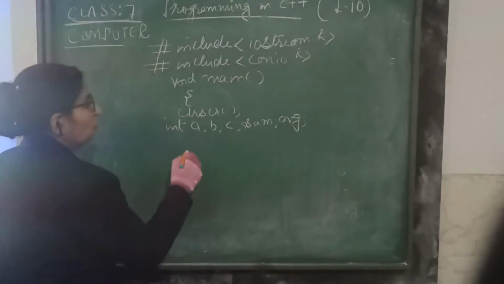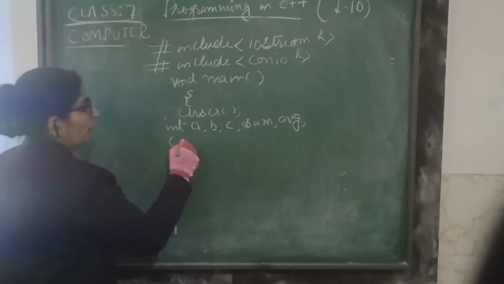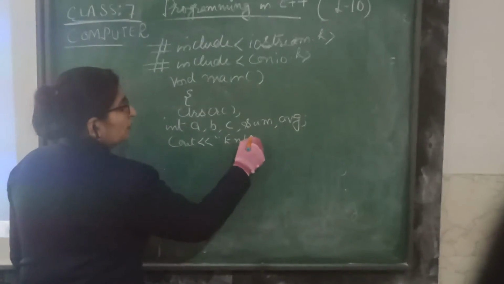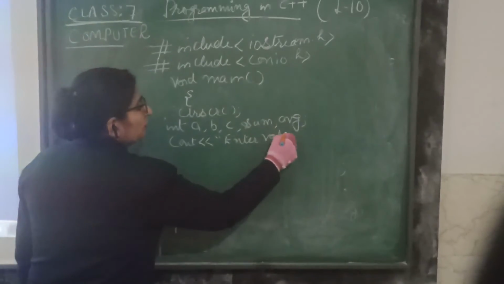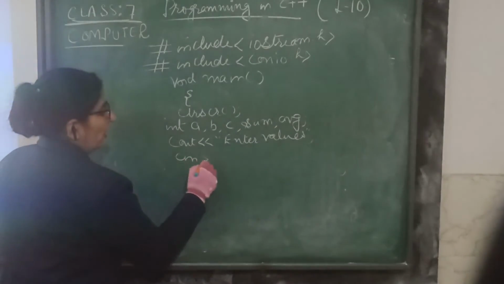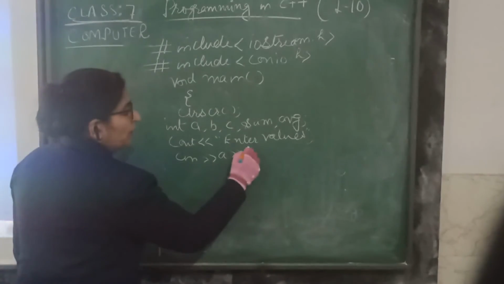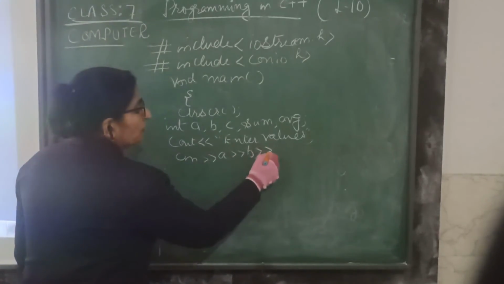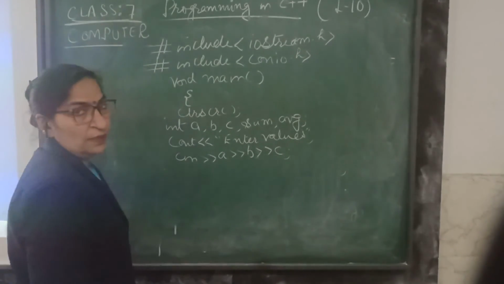After declaring the variables, here you write cout, enter values. Cin A, B. Taking 2 values, rather we need 3 values, put the sign again for C.